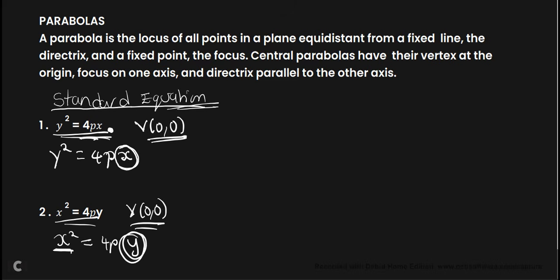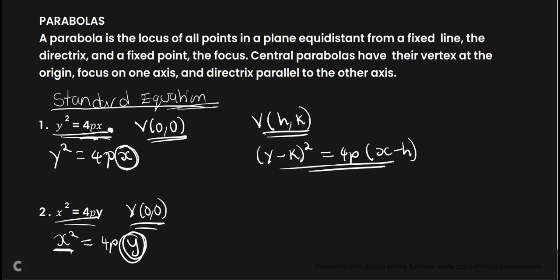Now let's go to when the vertex is h, k. This means that we have shifted from the original point to the other point, which is h, k. So in this situation, it will be y minus k squared equals 4p times x minus h.